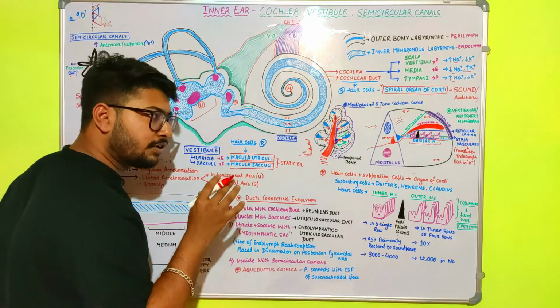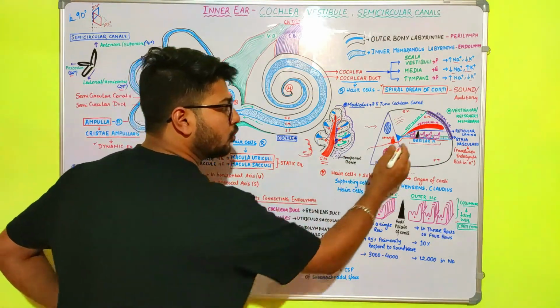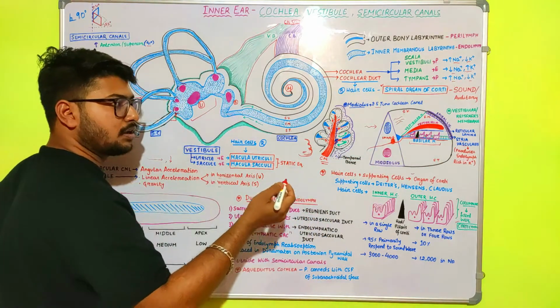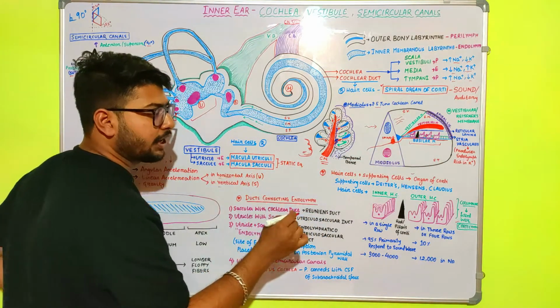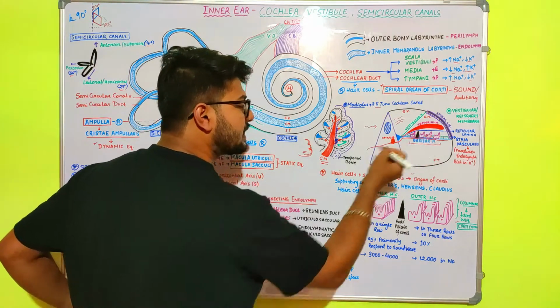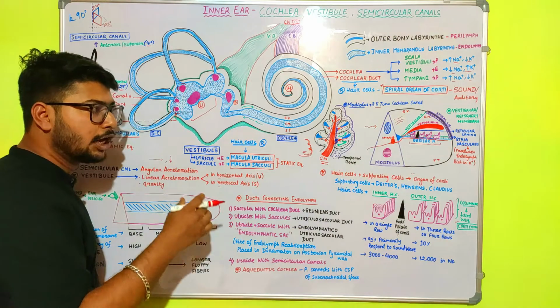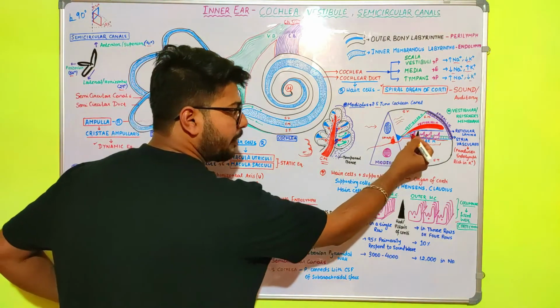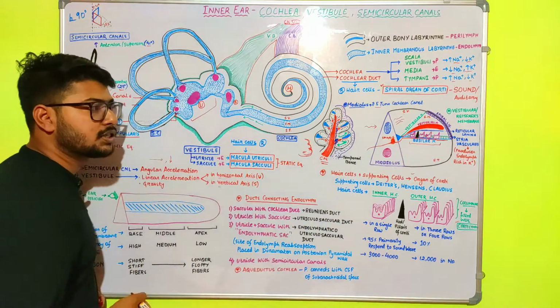The movement of the tectorial membrane will lead to the movement of these hair cells, because along with the movement of the tectorial membrane, the potassium will try to enter these hair cells, and that will lead to opening of channels that are present in between stereocilia and kinocilia.